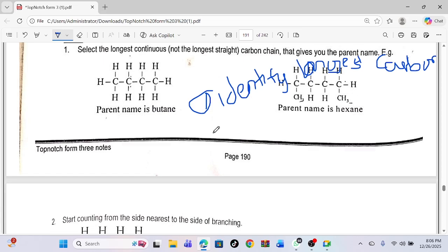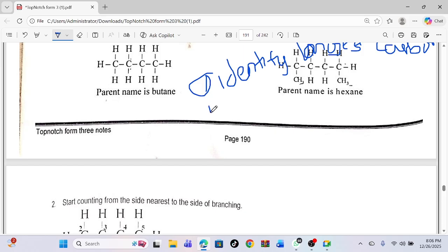After identifying the longest carbon chain, number two, what will you do? Number two, identify the branch. Hii rule hakuna siku utaulizwa kwa mtihani, lakini just tu ile in case uambie uname unafuata tu.